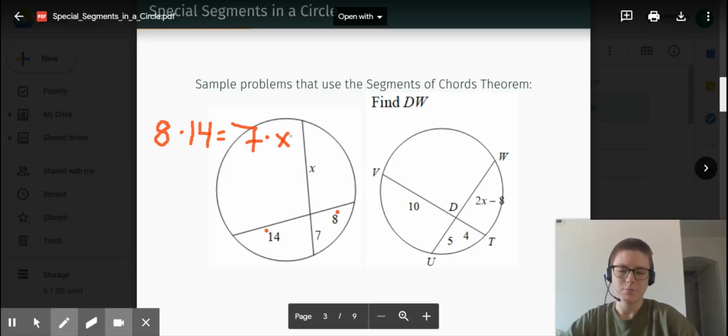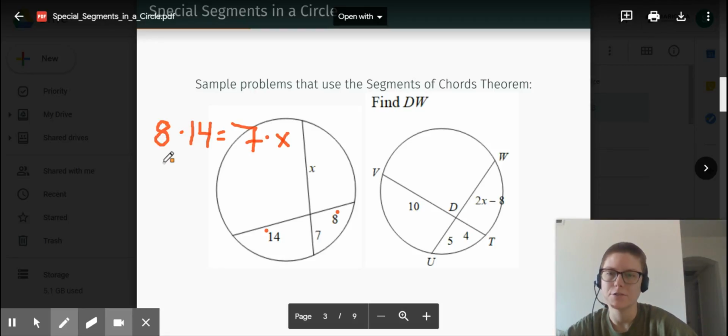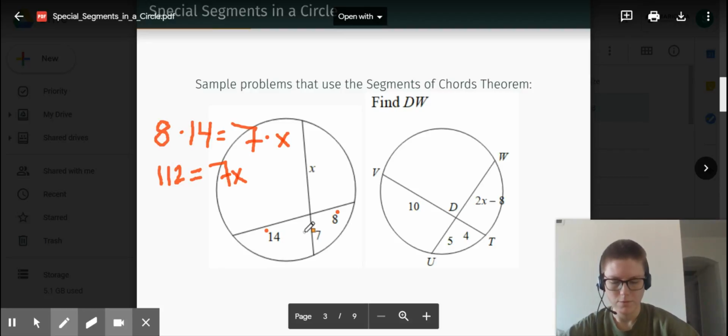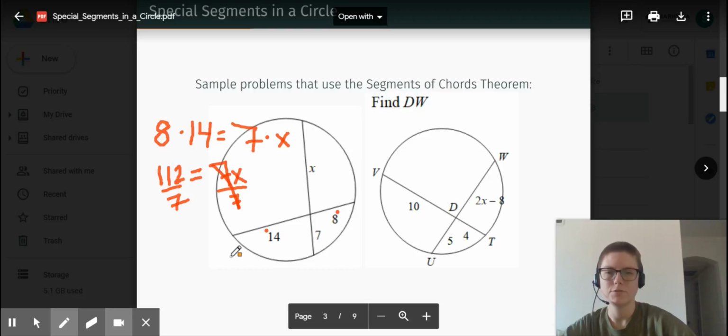Handy dandy calculator, we know we need to multiply 8 times 14 to simplify it, and that's 112. 112 equals 7x, and then we just want to get rid of that 7 that's with our x by dividing. 112 divided by 7 is 16. So that segment x is equal to 16.